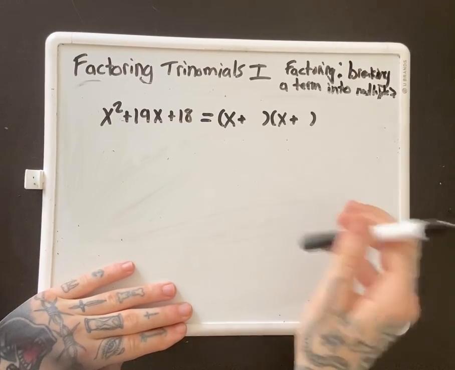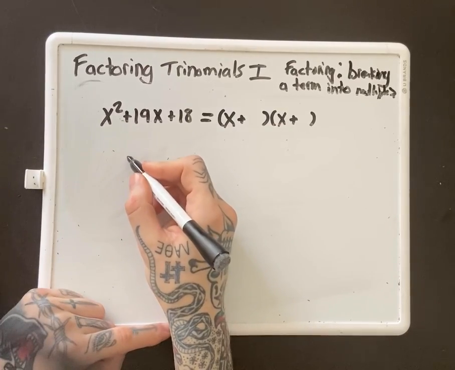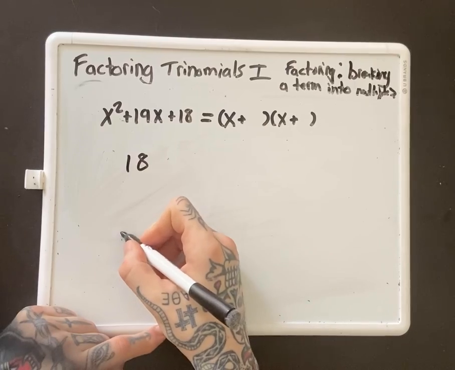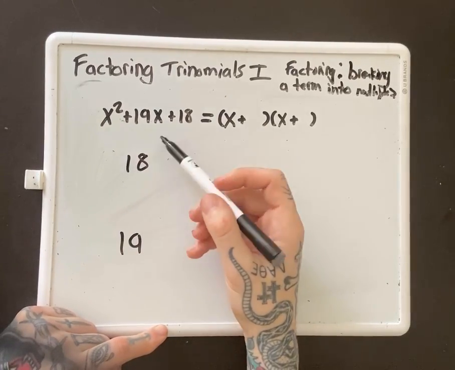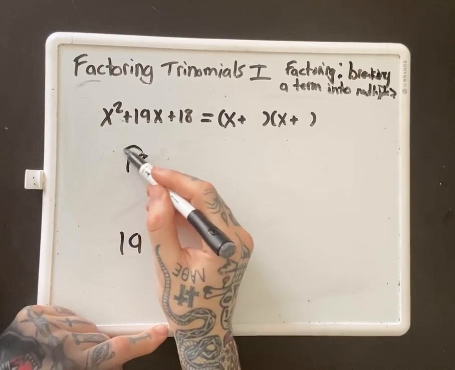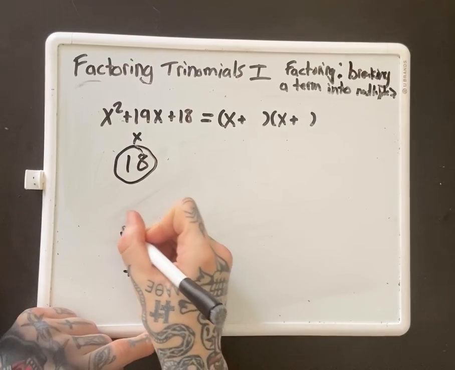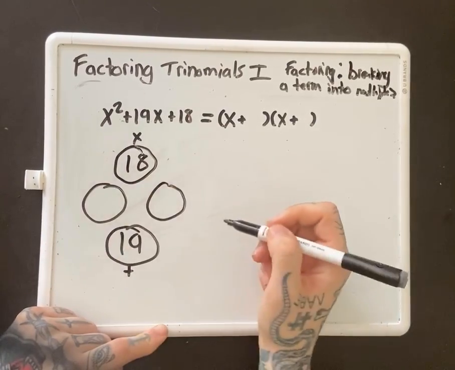So now we get to the hard part. We have to ask ourselves two hard questions, or a two-part question. What numbers multiply to 18 and add to 19? Okay?